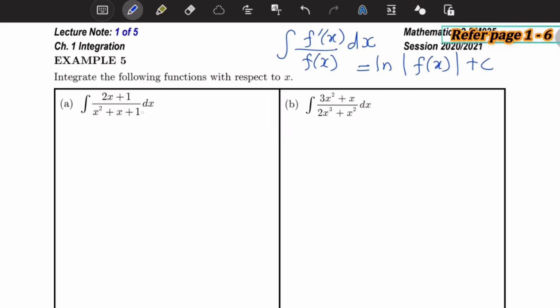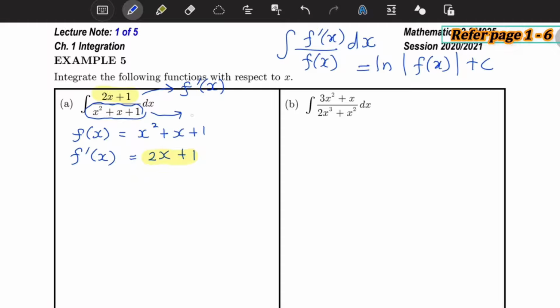So refer to your denominator. We let fx equal to x squared plus x plus 1. f prime x equals 2x plus 1, which is exactly the same as the numerator. So this is actually your f prime x, and the denominator is fx.